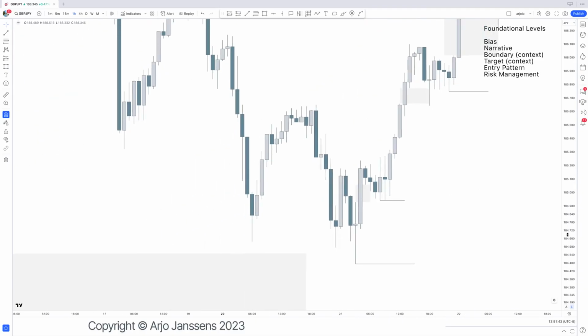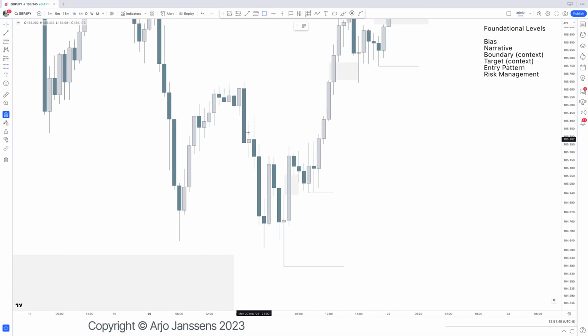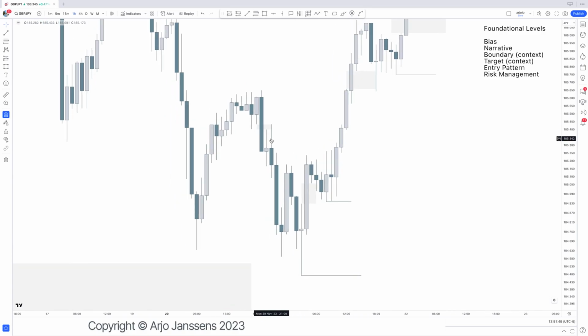Then the next part is that we have this fair value gap sitting right there, which we see we have a sting into and we continue lower, creating what? A new fair value gap right there. That new fair value gap that is trading lower right there, that is then again your new narrative. Where are we going lower from?